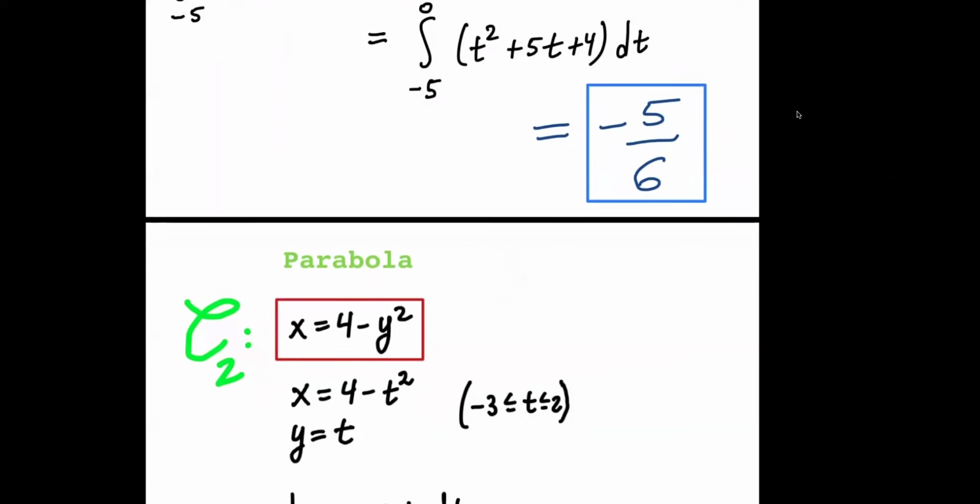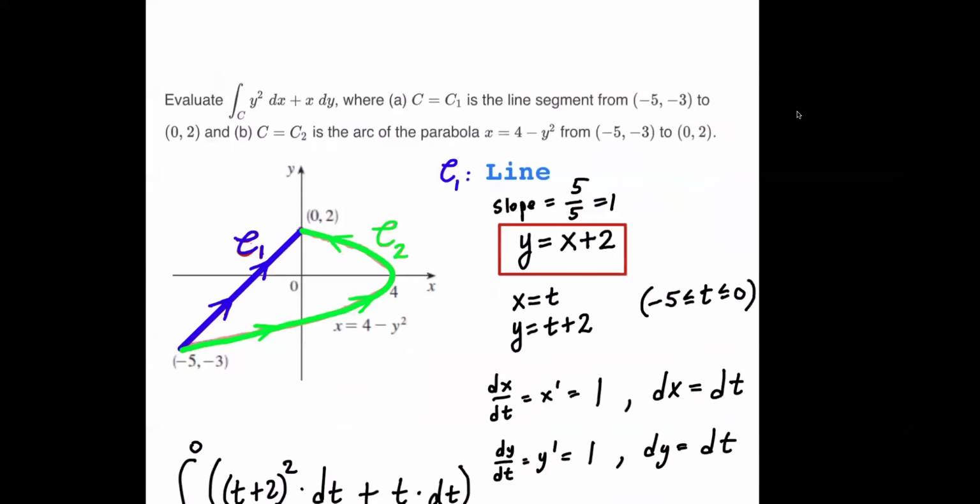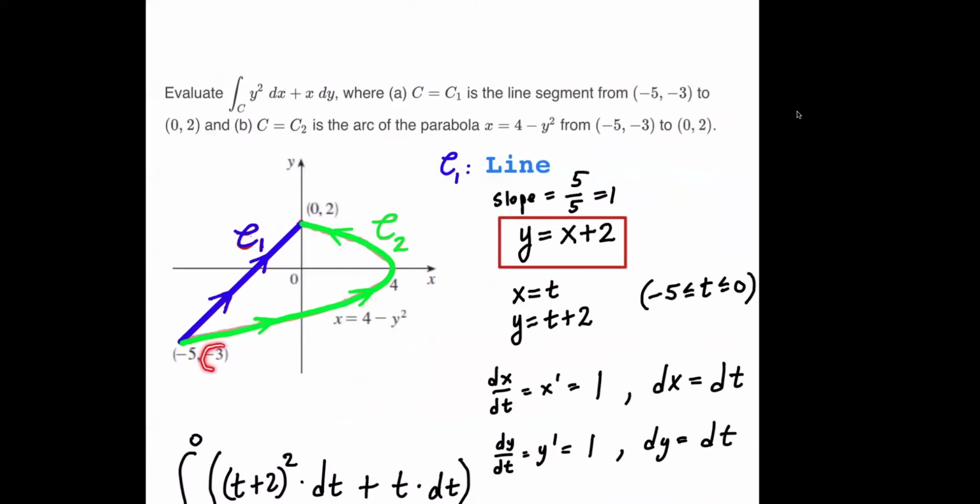So one way to get a parameterization is just to set y equal to this time variable t, and then compute x using this equation, and we let t range from -3 to 2. That's because the y coordinate here goes from -3 up to 2 for this green parabola.